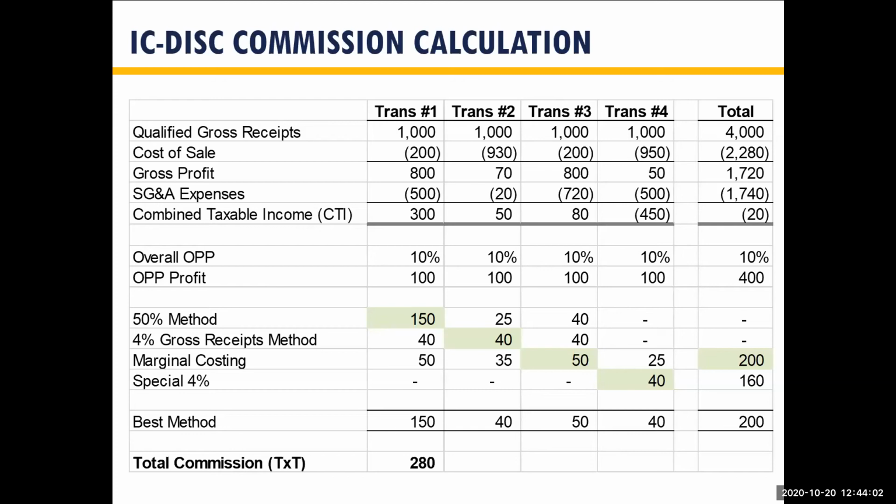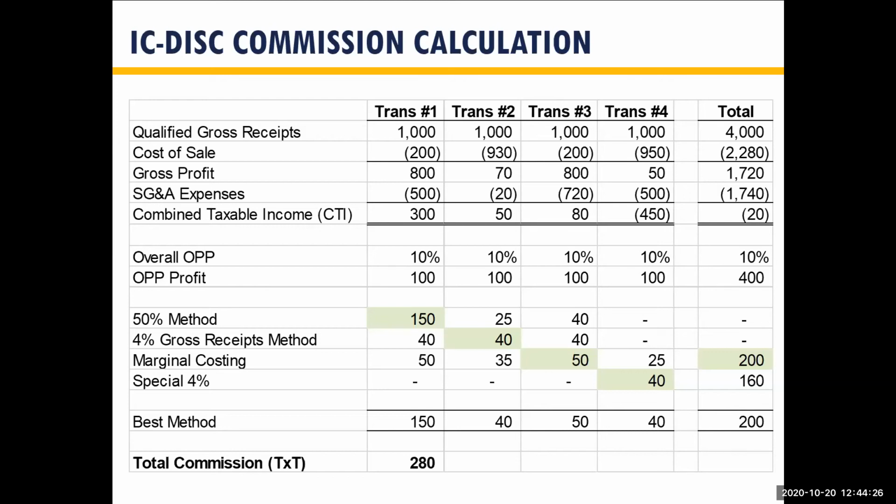the special 4% method. And if we add all these up for transaction 1, 2, 3, and 4, our total commission is $280. Now, if we look at the far right column, if we were to group all of these together, you'll see that we would get $200 under the marginal costing method.